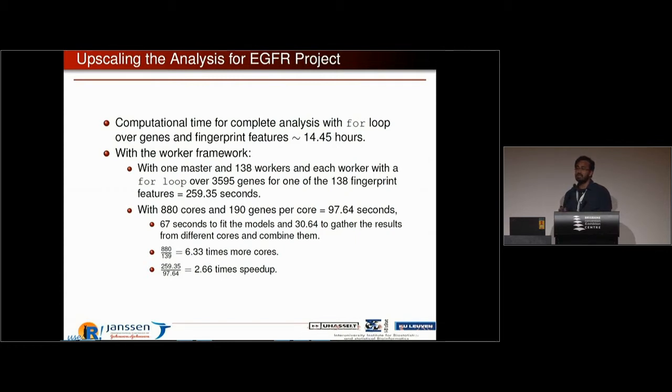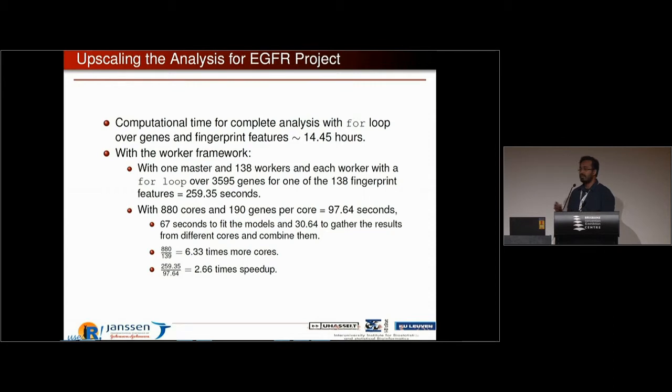Now we can select one master and 138 cores to do the analysis for one fingerprint in one core, or we go back to one of the settings we had with good load balancing and good efficiency, and we use a larger number of cores. In the first case, it takes around 260 seconds with 139 cores, and here with 880 cores, it takes around 97.64 seconds.